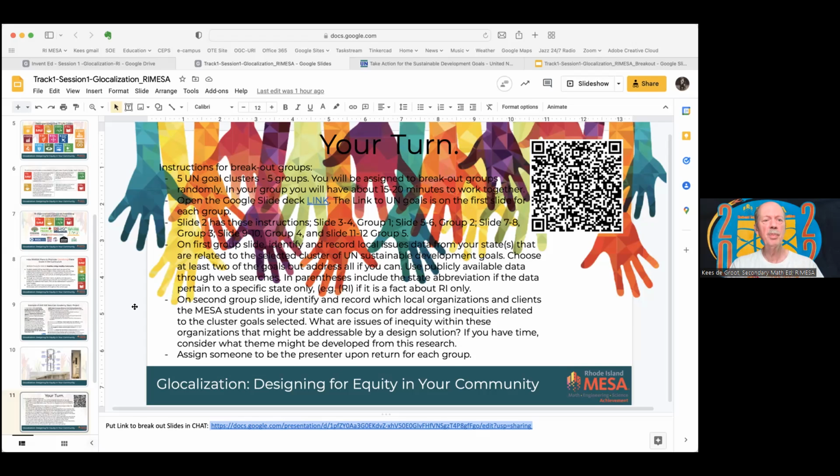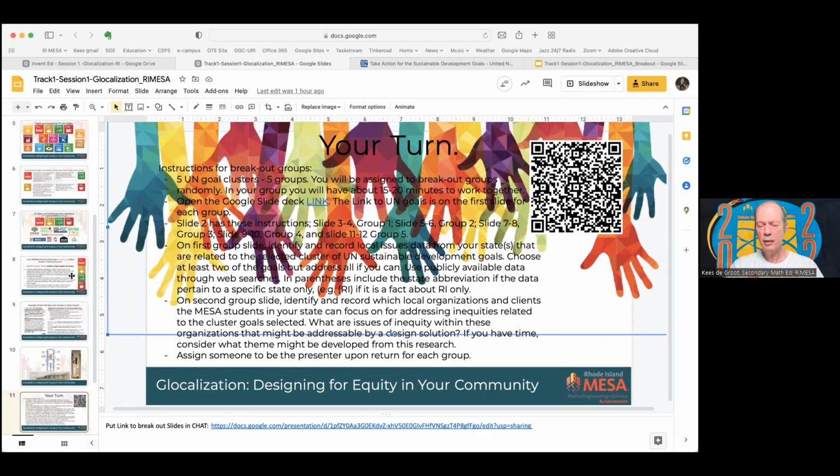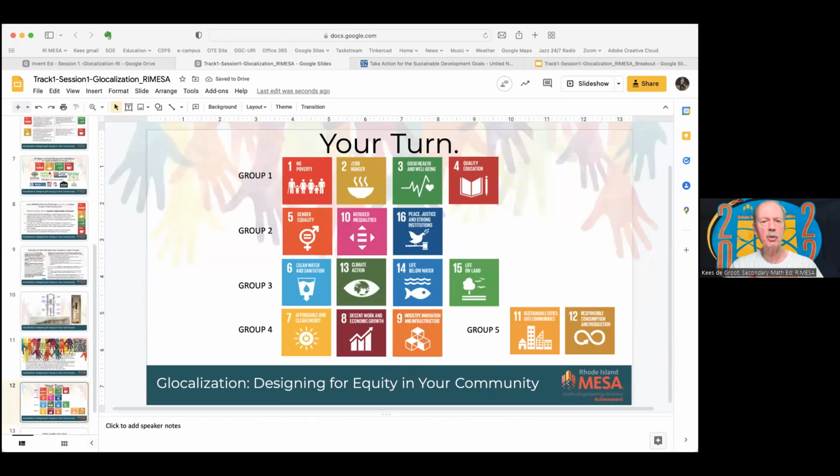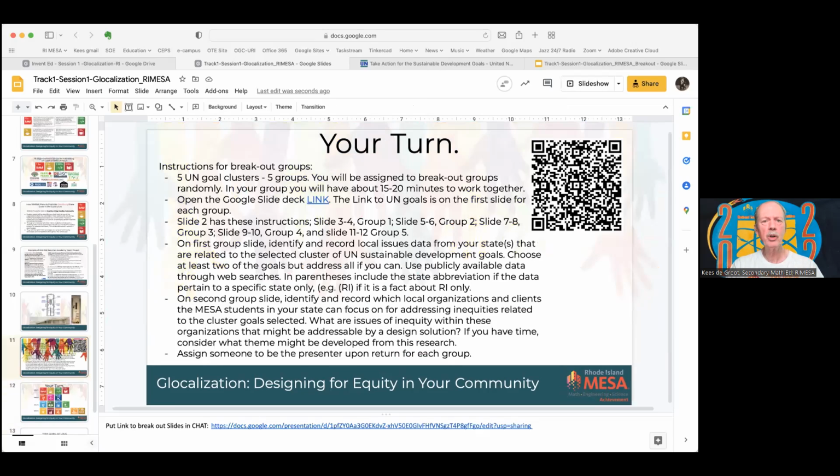That is going to be the presentation for the breakout group work, and you're going to need that to be able to do the breakout. I already introduced the 5 clusters to you, the goal clusters from the UN.